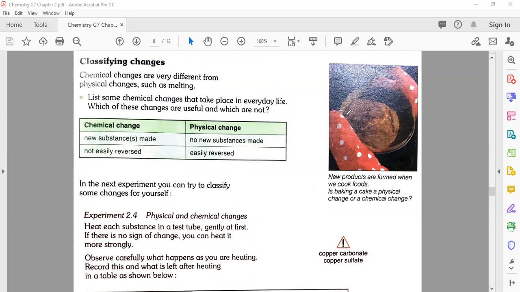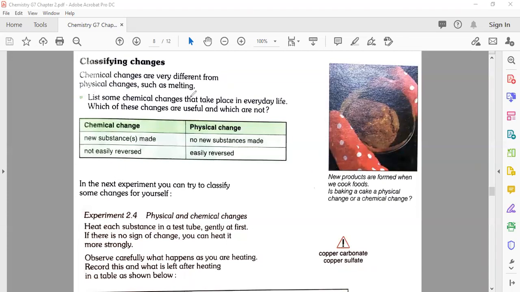The paper will change from its structure to ash. Or when you burn a piece of wood, it will also convert into coal. So first the change comes in the physical form of the paper or wood, but there is also a change that happens in its structure. You burn this one and it goes into a chemical change.